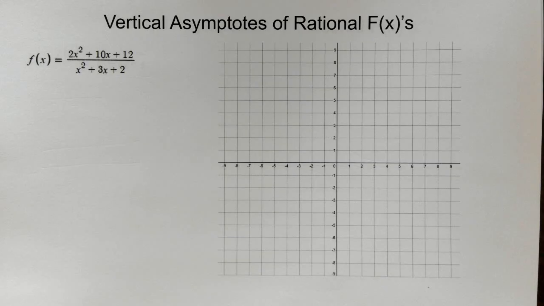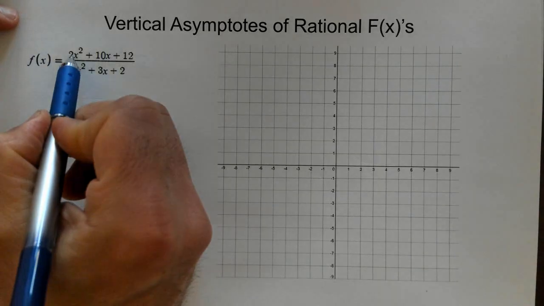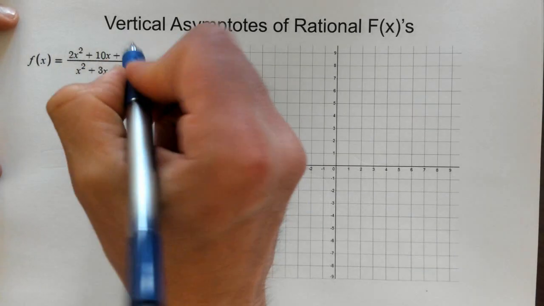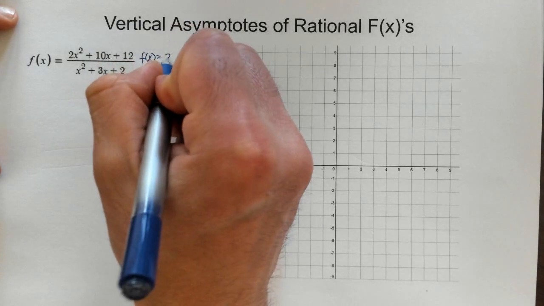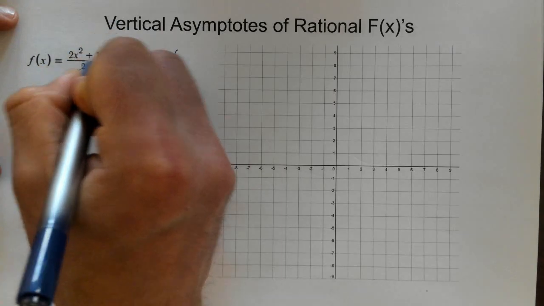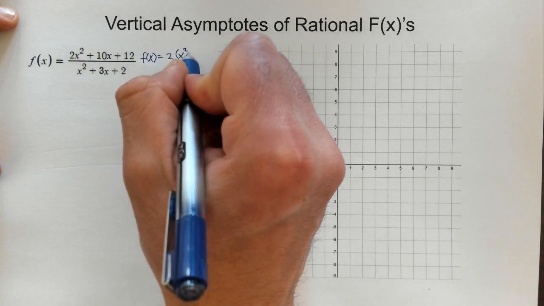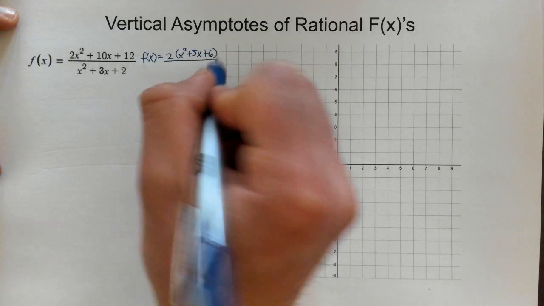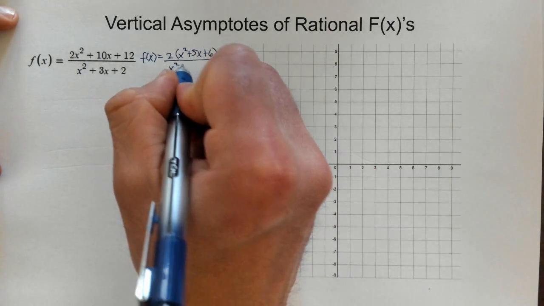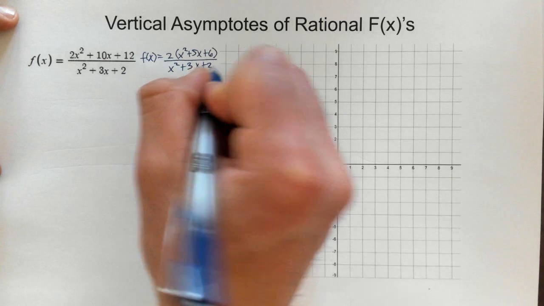In the previous one, because it was just 1 over x, I didn't have to do any simplifying. Here, I can factor out a 2 out of everything in the top, right? This can just turn into 2 times, if I divide everything by 2, x squared plus 5x plus 6. And in the denominator, I get x squared plus 3x plus 2.